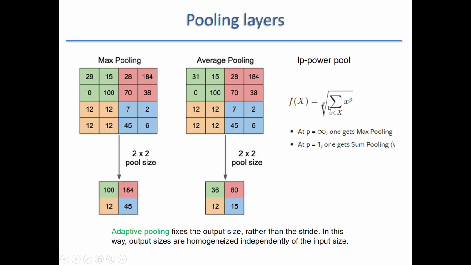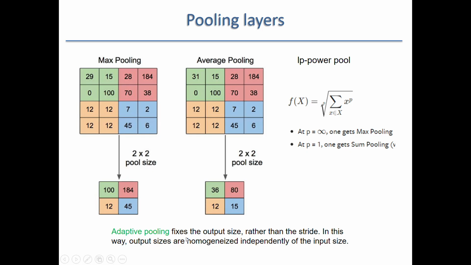So this is a kind of average pooling, but now in the logarithmic space. If you set p to infinity, you get the max pooling. If you set p to 1, you get the sum pooling rather than the average. So the average is just divided by 4. So this sum pooling and average pooling would be very much related.